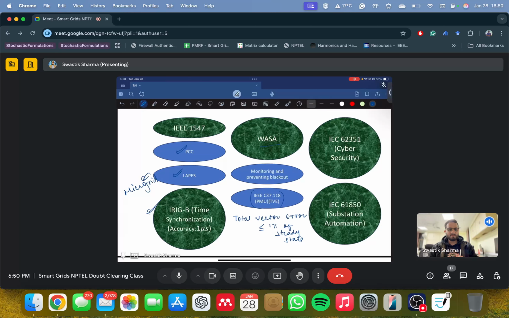Now there can be disturbances, and you don't want these disturbances to be treated as a total vector error. So in a steady state that is taken 5 minutes at a time or 15 minutes at a time, how is my vector looking? This total vector error should always be less than or equal to 1% of steady state. Then you have IEC 62351 for cybersecurity protocols and IRIG-B, inter-range instrumentation group time code B.